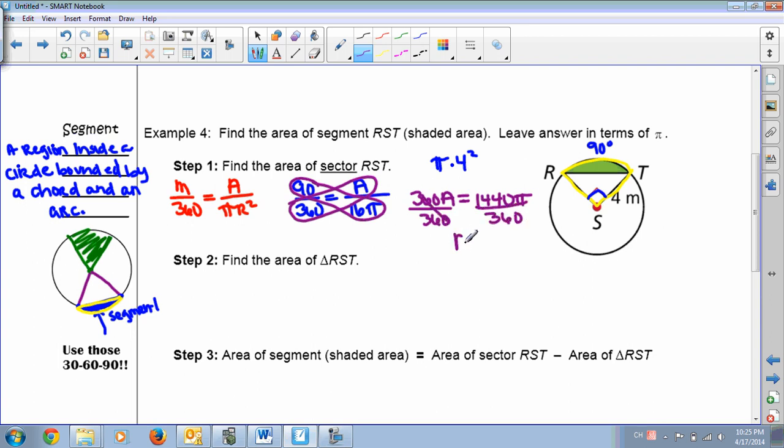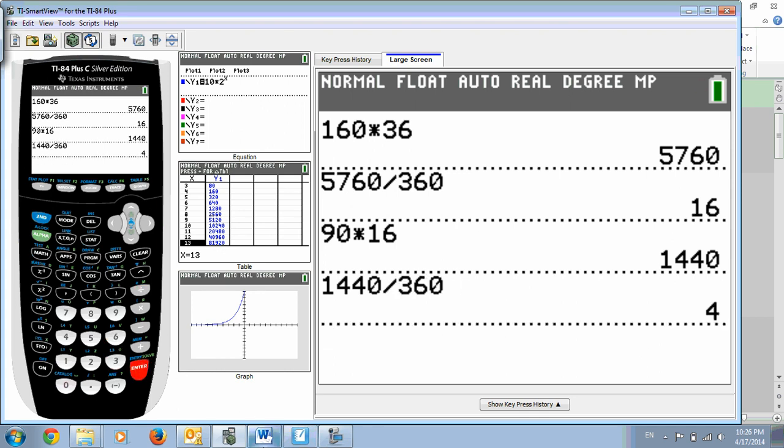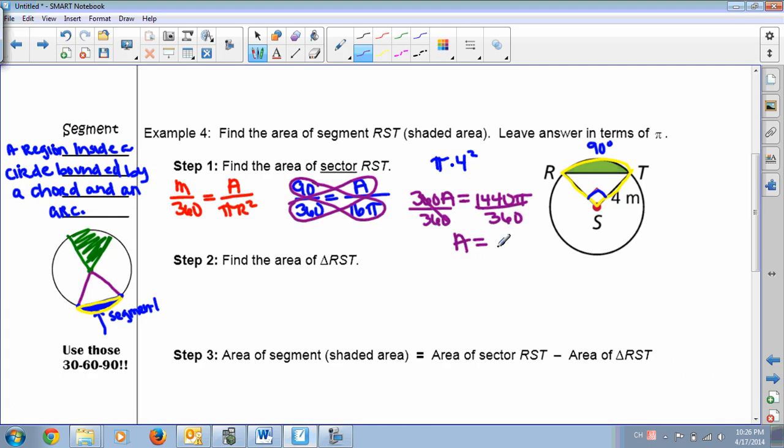So the area of our sector is 1,440 divided by 360, 4 pi. Now, a lot easier way to have done this was to just see that our sector is 1/4 of the whole circle. So all we really needed to do in this case was take 16 pi, because that's the area of our circle, and divide it by 4. Because this is 1/4 of the whole thing, which would give us 4 pi. So that's the area of our sector.